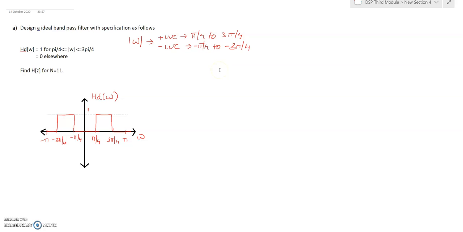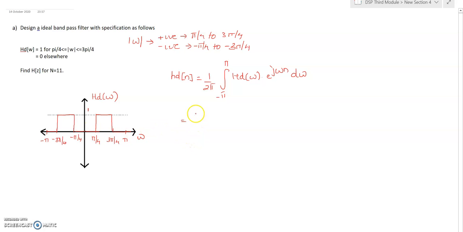So moving on, if you remember, the first step was to convert HD of omega to HD of n. So HD of n is equal to 1 by 2 pi integral minus pi to pi HD of omega e raised to j omega n d omega. When we consider this span, there are two valid intervals where this is equal to 1 and in the rest of the intervals it is 0.